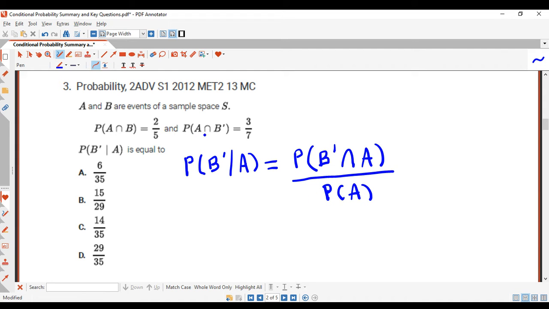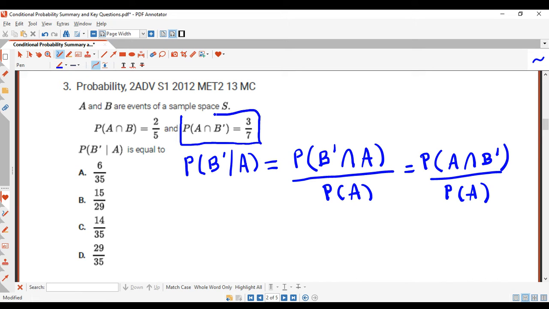Just so we're consistent with the way this is written down, we could also write this as the probability of A intersect not B divided by the probability of A. The reason I did that is because then it matches up perfectly with what we're given here.